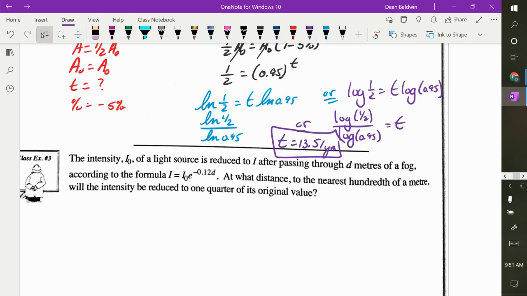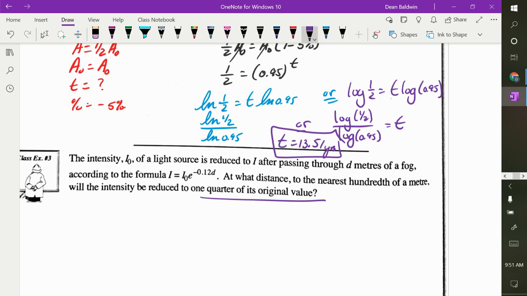What about this last one? Number 3. The intensity of a light source is reduced when it goes through d meters of fog by the formula I is equal to I naught e to the negative 0.12 d. At what distance to the nearest hundredth of a meter will the intensity be reduced to 1/4 of its original value? Now, they give you the formula, so you don't have to come up with a formula.